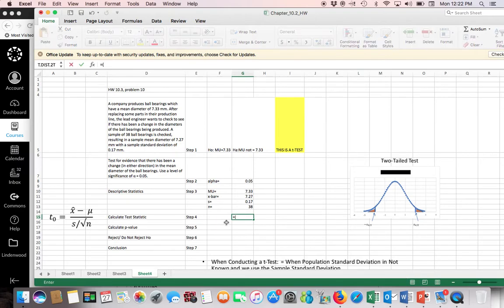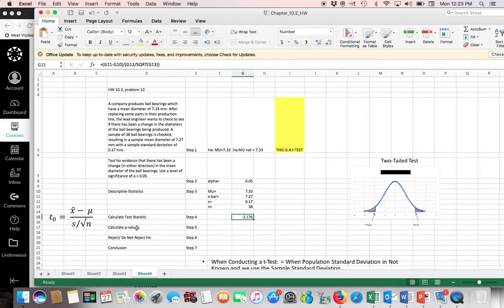So that is equal to parentheses x bar minus 7.33 close parentheses divided by parentheses, sample standard deviation divided by the square root of n, and we need one more parentheses, and our test statistic is minus 2.176. Okay, so it's less than the mean.